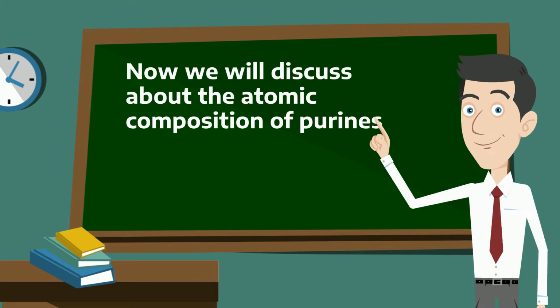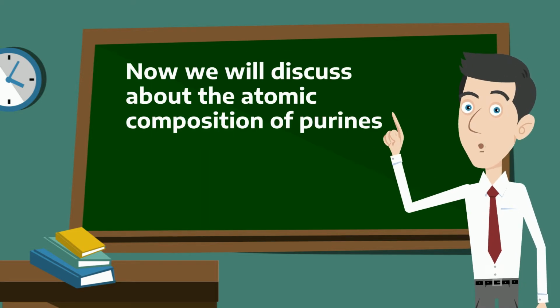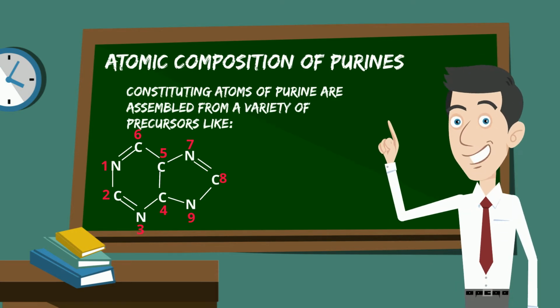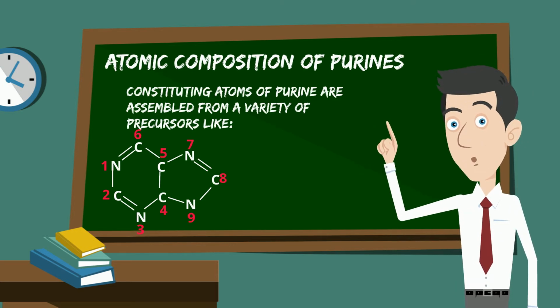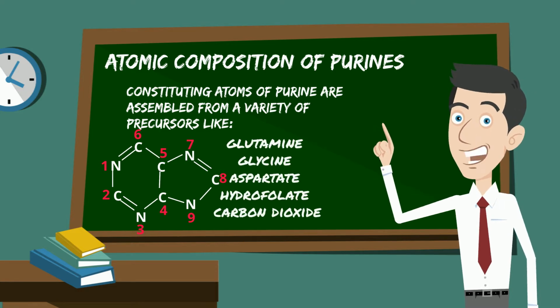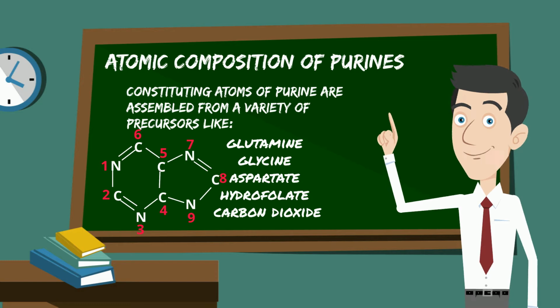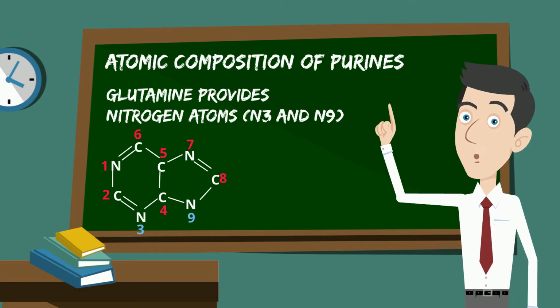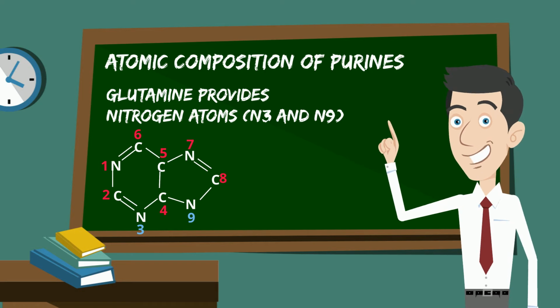Now we will discuss the atomic composition of purines. Constituting atoms of purine are assembled from a variety of precursors like glutamine, glycine, aspartate, tetrahydrofolate, and carbon dioxide. Glutamine provides nitrogen atoms, nitrogen atom number 3 and 9.